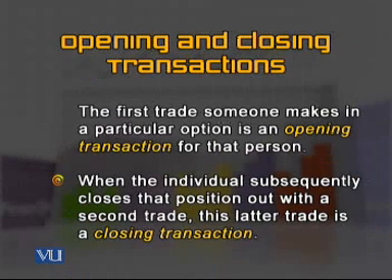When the same person closes the position, the second trade offsetting the first trade will be called the closing transaction. So you would understand by now what opening and closing transactions would be.